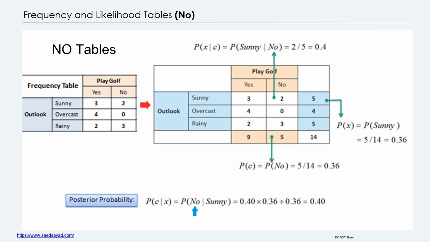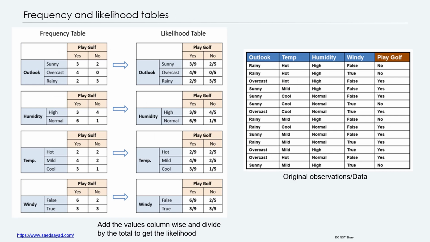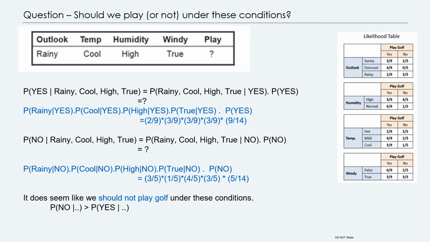Take your time to explore. Each value tells a part of the story. We can create frequency and likelihood tables for outlook, humidity, temperature, and windy conditions as well. Be sure to check back with the original data table to see how each of these tables is constructed. Understanding the process here is key. Each table builds on our data story.